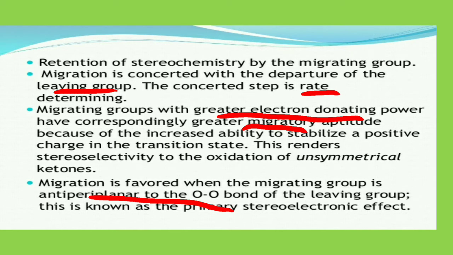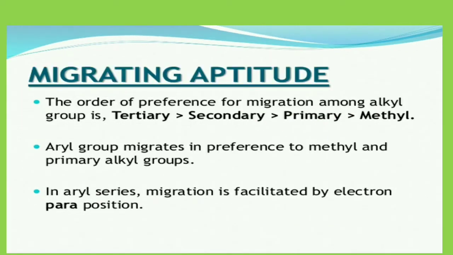We learned this already in the Curtius reaction and the Schmidt reaction. The migrating group must be opposite, trans to the oxygen bond; only then can this group migrate. This is known as a primary stereoelectronic effect.